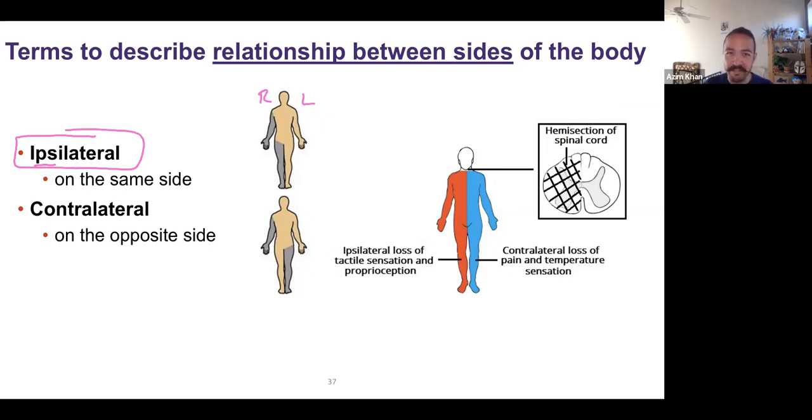We'll go over the specific details later, but the term for this, where you have a crossing over of information, is contralateral. Contra means against. Ipsilateral is same side, contralateral is opposite side. We'll be using these terms more so when we get to the nervous system.